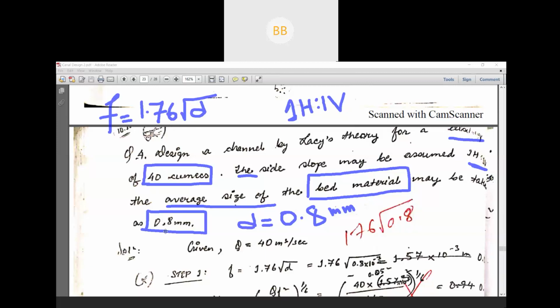If the bed material size is not in mm, then you have to convert first into mm, and only then you can substitute in this equation. Always remember that. Since it is already in mm, we will directly substitute here and find out the silt factor.